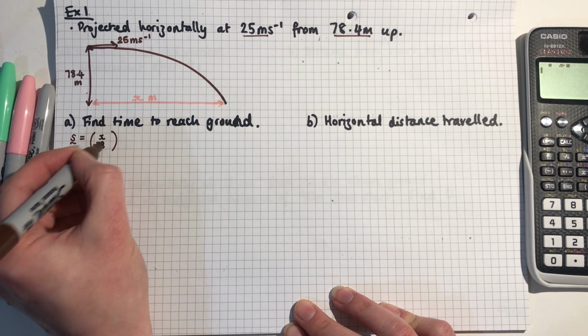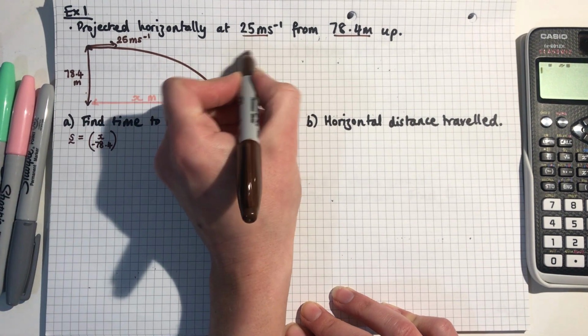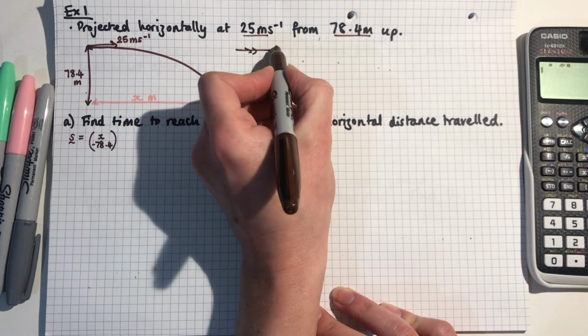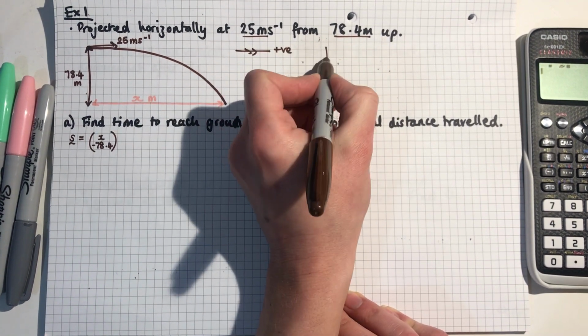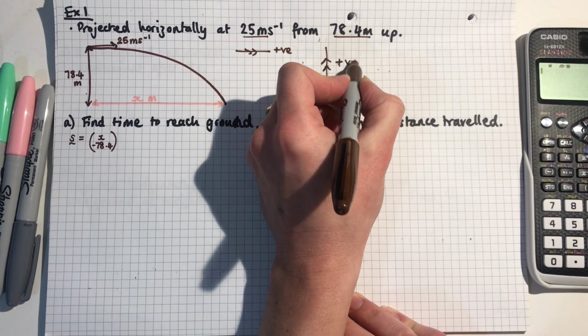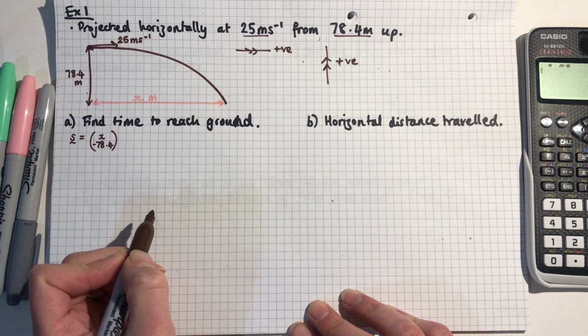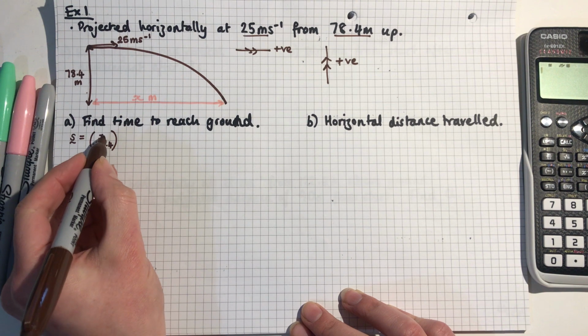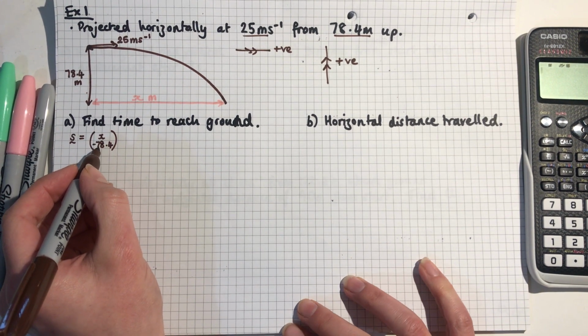So we represent that as minus 78.4. So just to point out at this stage that we take horizontal to the right to be positive, and we take vertical upwards to be positive. So anything going down will be negative. So we've got x horizontally and minus 78.4 vertically.